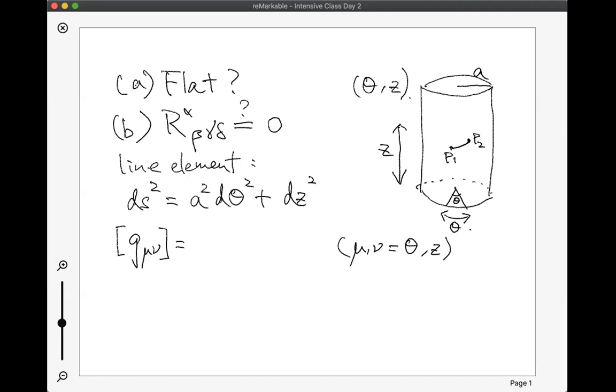But in this case, obviously, we only have 2 dimensions. So mu nu here just denotes theta or z. So if we write down the metric in terms of a matrix, can anybody quickly tell me what I should write in this matrix?